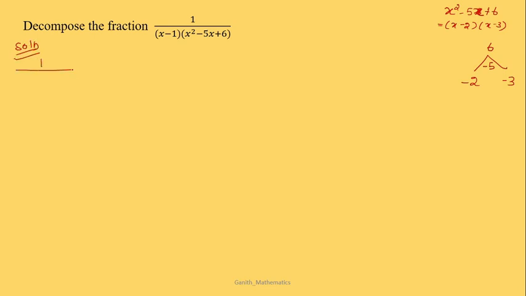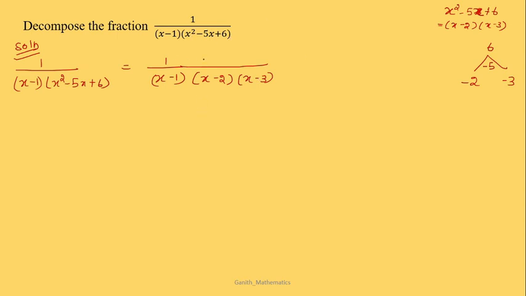So this problem, x minus 1 into x square minus 5x plus 6, can be written as 1 divided by x minus 1 into x minus 2 into x minus 3. These are because x minus 2 and x minus 3 are the factors of x square minus 5x plus 6.